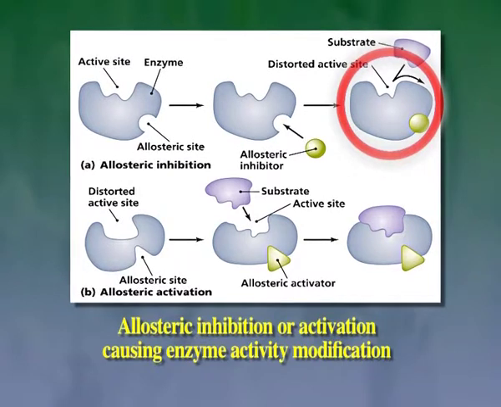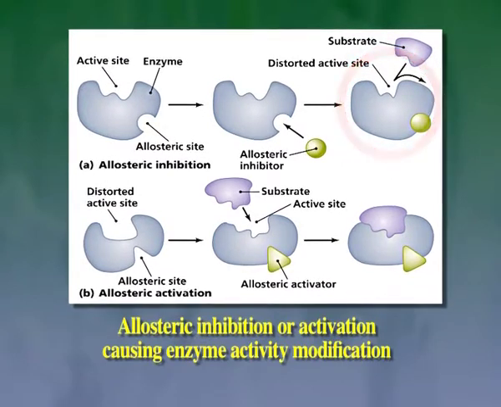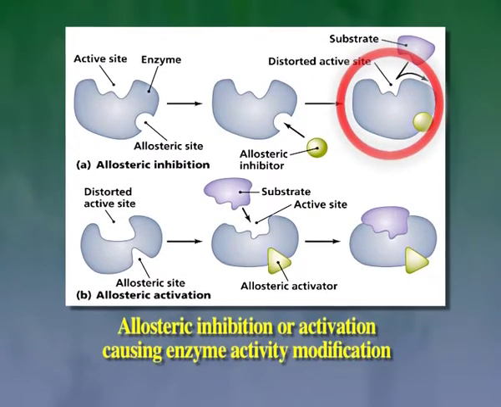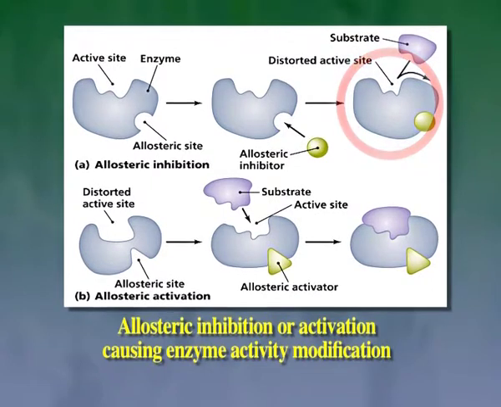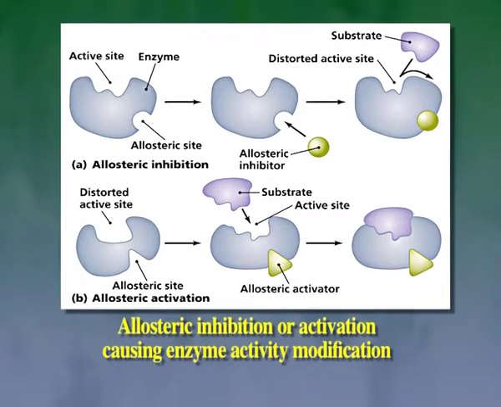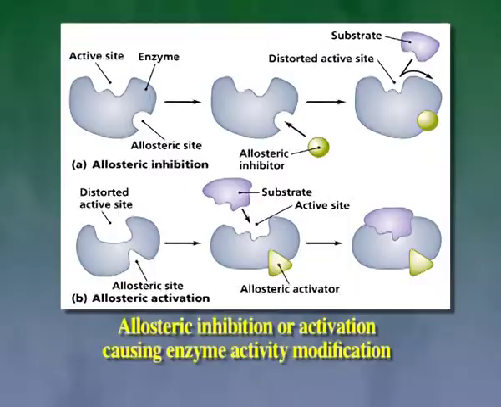So, you understand here that binding of the modifier or allosteric inhibitor to a site apart from the active site changes the conformation of the active site in such a manner that it is no longer specific to the substrate and can no longer bind to the substrate. This prevents the formation of the ES or enzyme substrate complex. In allosteric activation, the activator binds to the allosteric site, allowing the active site to open up and bind the substrate much better than the previous active site.